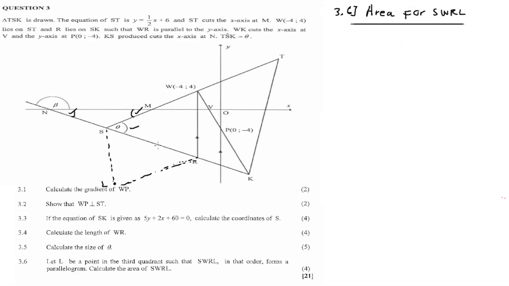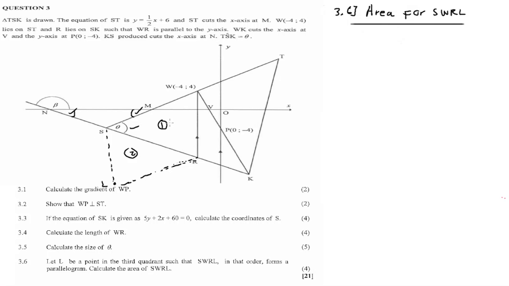Because this diagonal passes through the parallelogram, it is dividing the parallelogram into two equal triangles. So by finding the area for one triangle and multiplying it by 2, you get the area for this parallelogram.